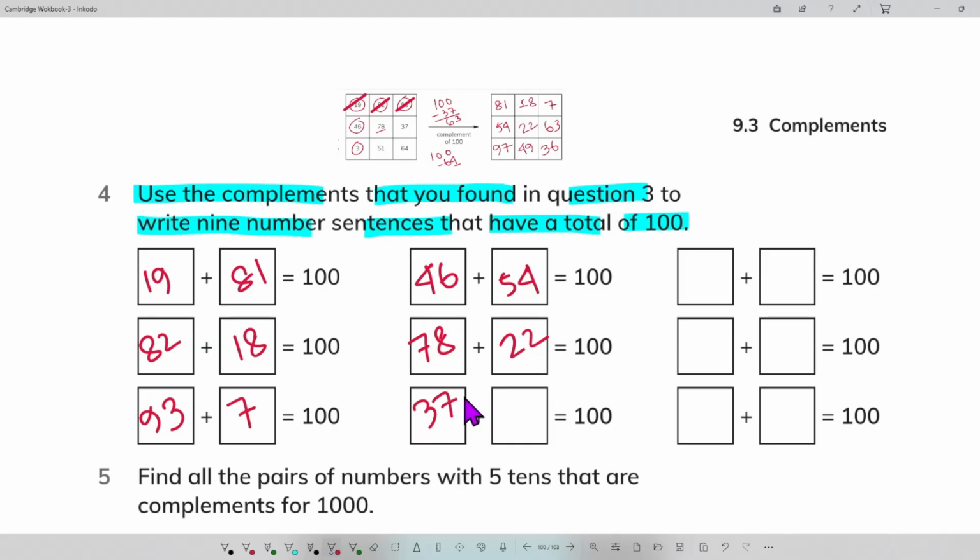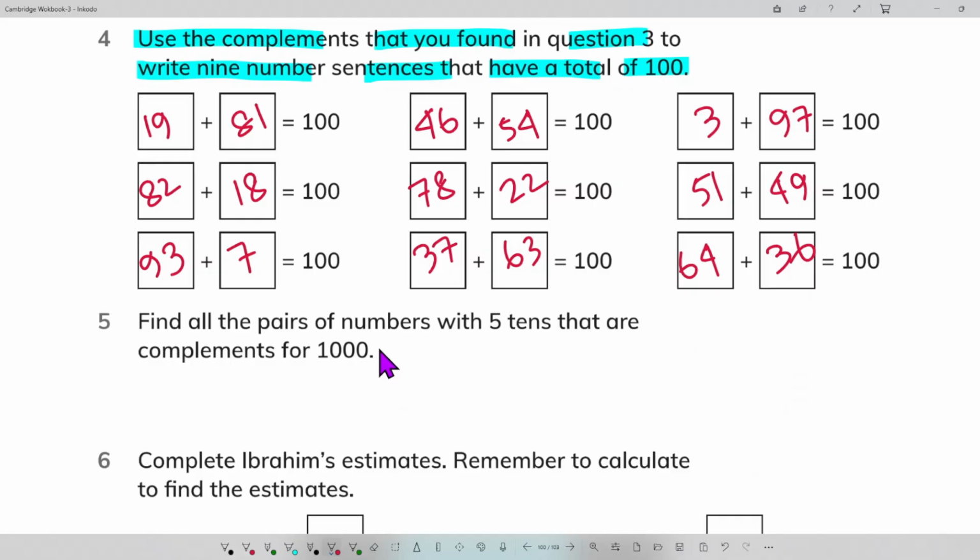Then 37, here is 63. 3, 97, right? And then 51, here is 49. And then 64, here is 36. Okay, so everything done.